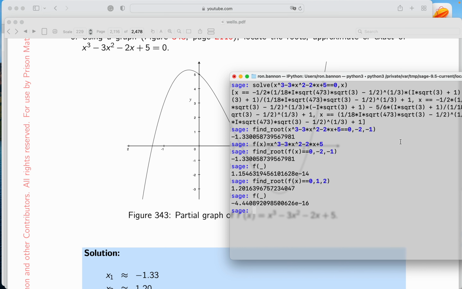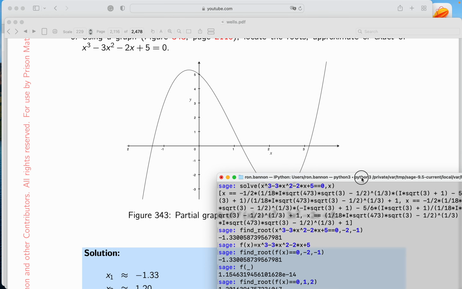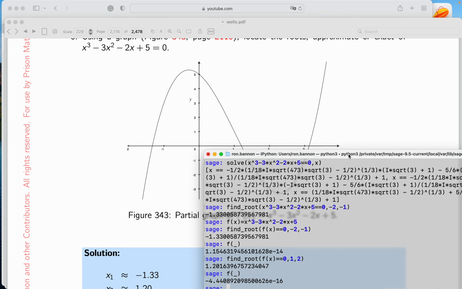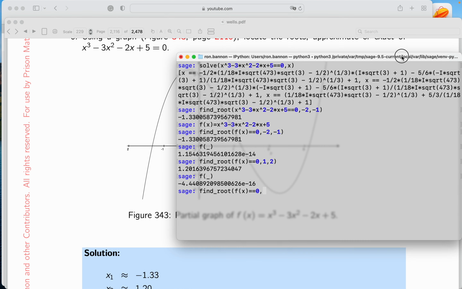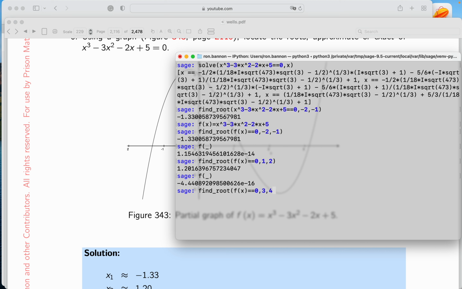Let's do the last root, and that last root looks about 3, right? So I'm going to say find a root, between 3 and 4, right? Yeah, 3 and 4. You notice I'm using integers. You can use decimals if you like, plain and safe though. And then you do f of that number. And it should be approximately equal to 0, which it is, all right?